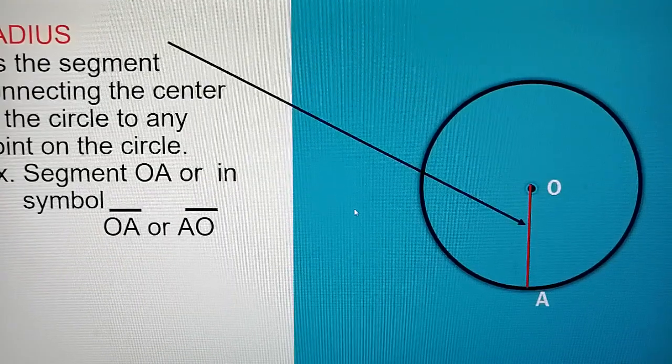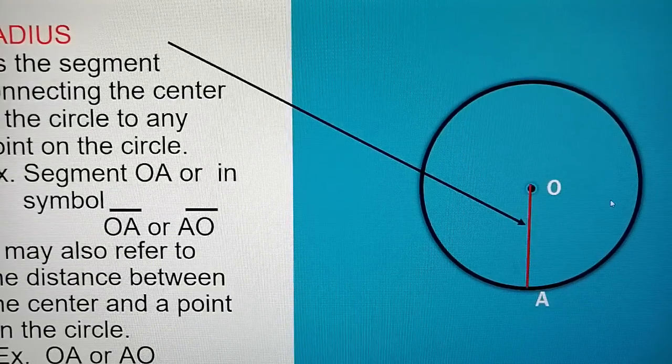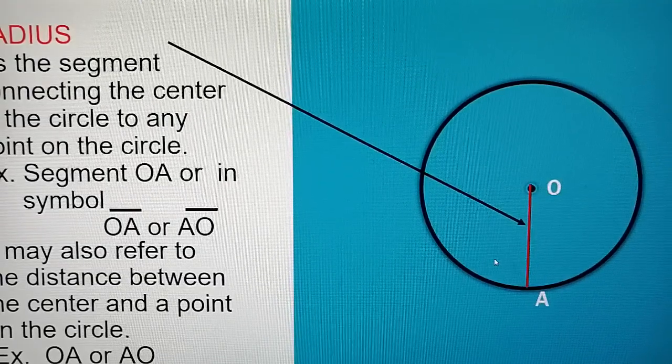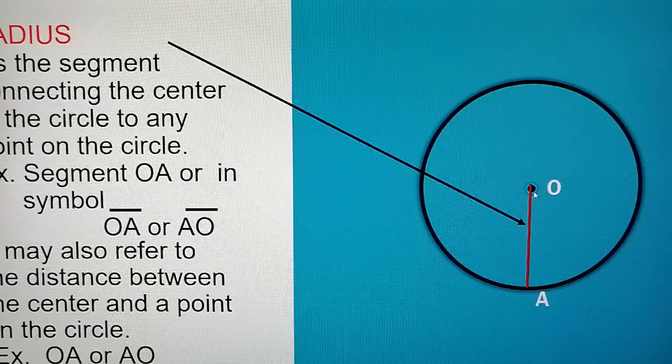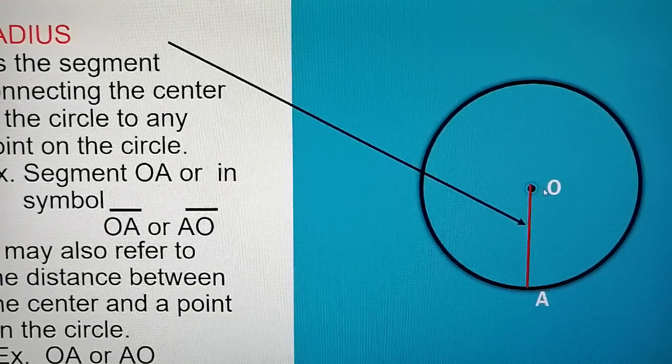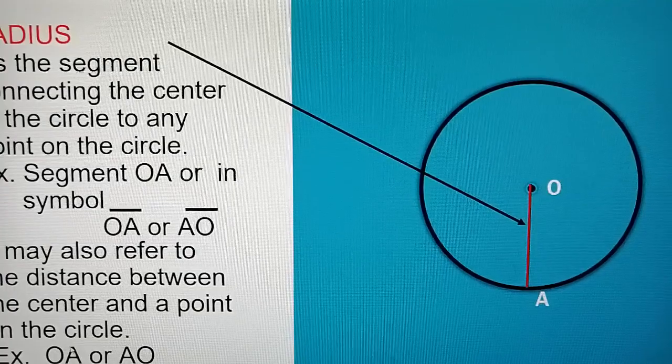Now, radius can also be referred to as the distance between the center and a point on the circle. So take note that when we say distance, we mean measure. So when we are referring to the measure or the distance in symbol, we do not use the line segment anymore.